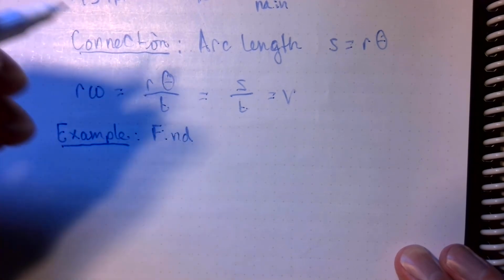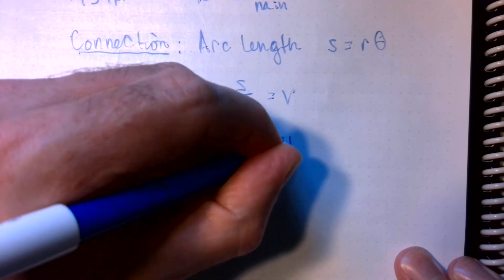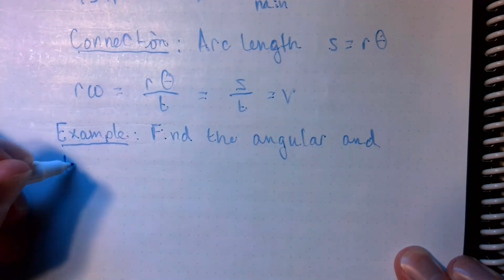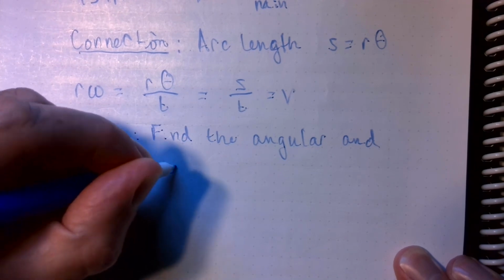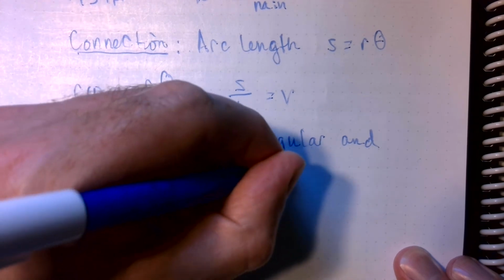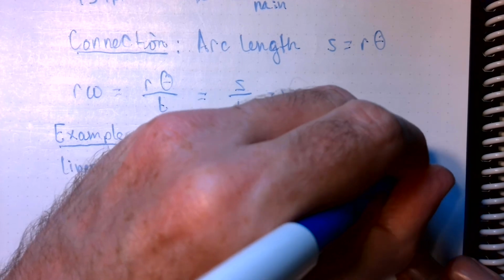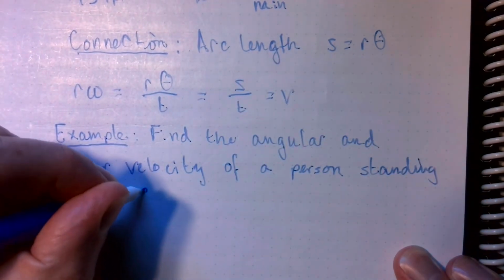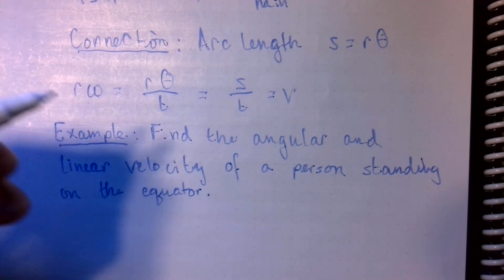Let's do a quick problem here relating the two. Find the angular and linear velocity of a person standing on the equator.